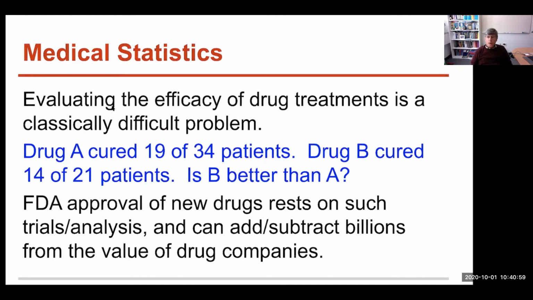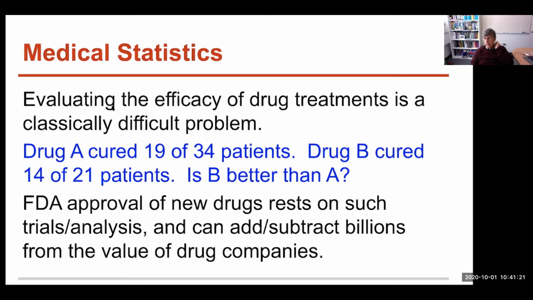Often when you have a drug trial, you don't have that much data to look at. You have very small amounts of data. Let's say you want to run a study of whether some drug is going to save the lives of COVID patients. How do you do this test?